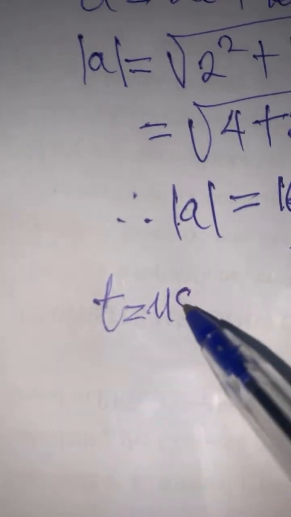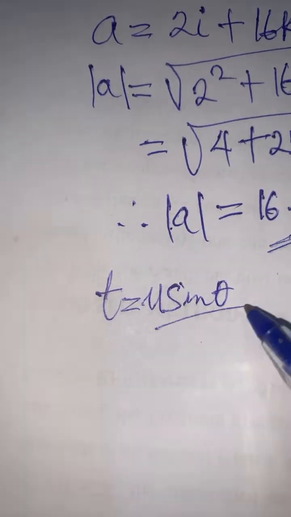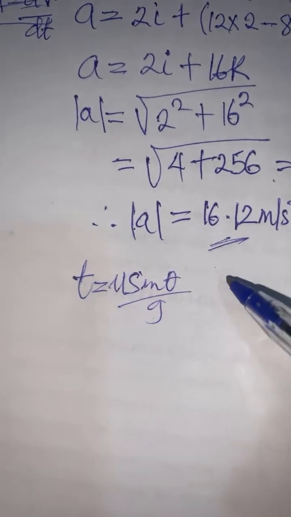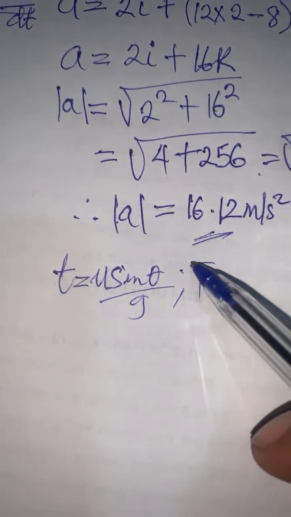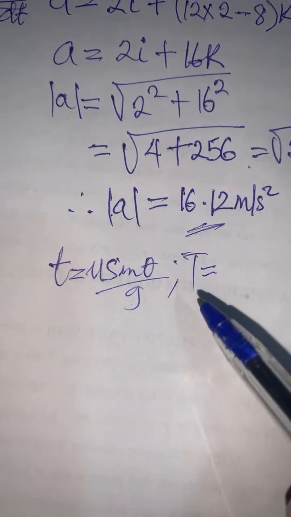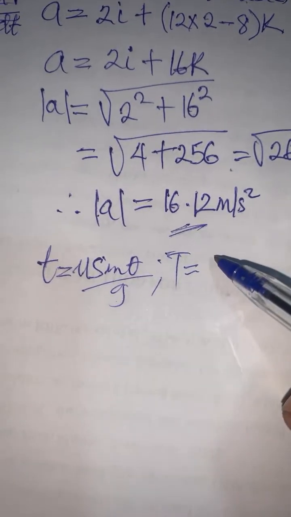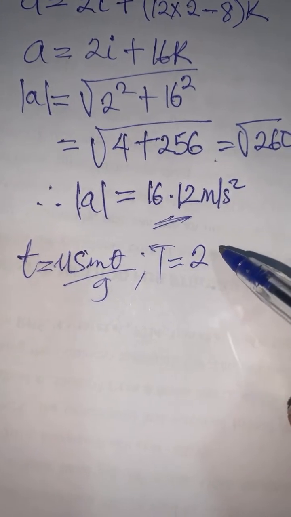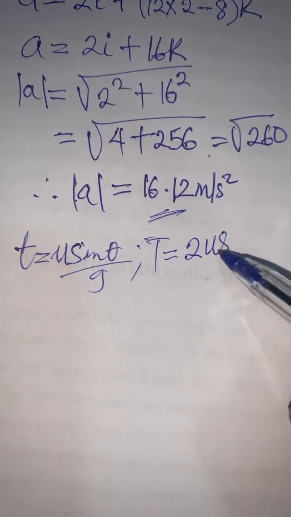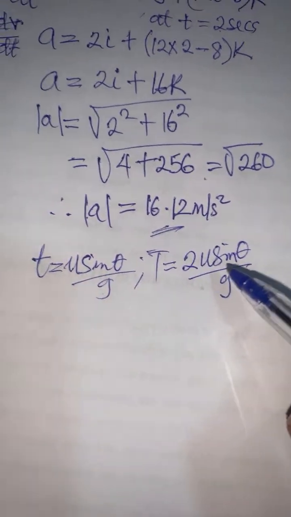For projectile motion, the time to reach the maximum height is u sine theta over g. But for the time to reach the complete full oscillation, for the object to move from the point of projectile to the other point, you're adding 2, the total time taken: 2u sine theta over g. That's for time.